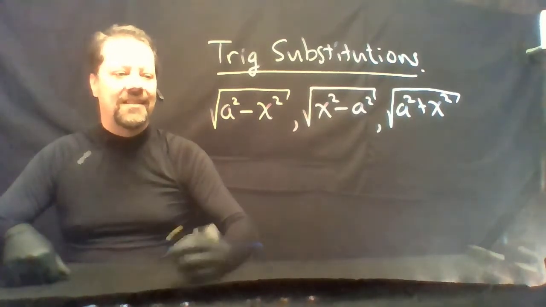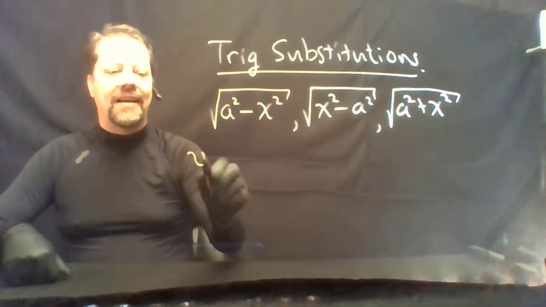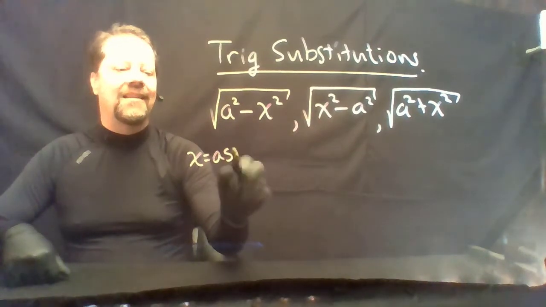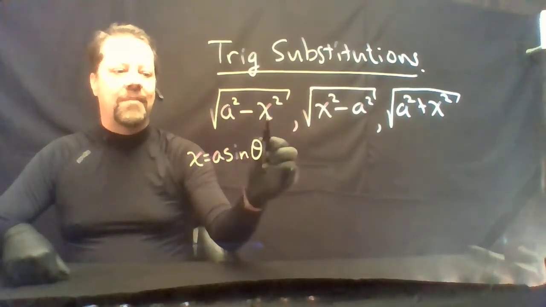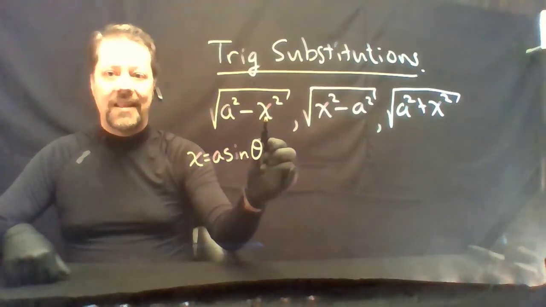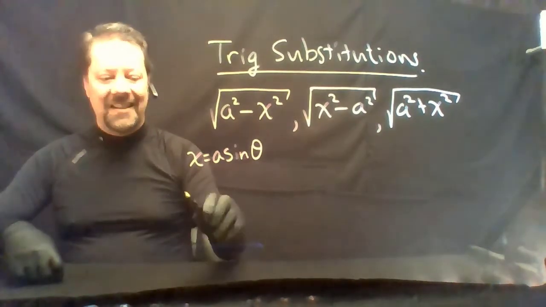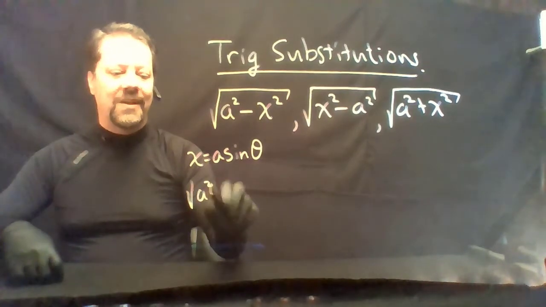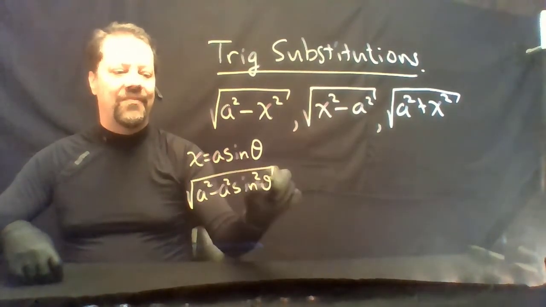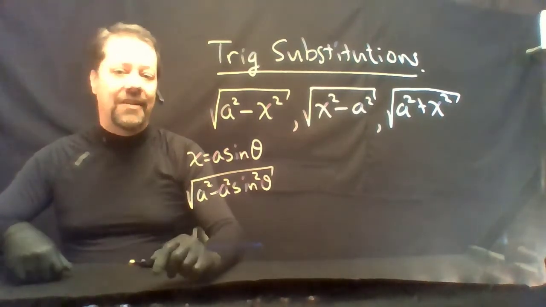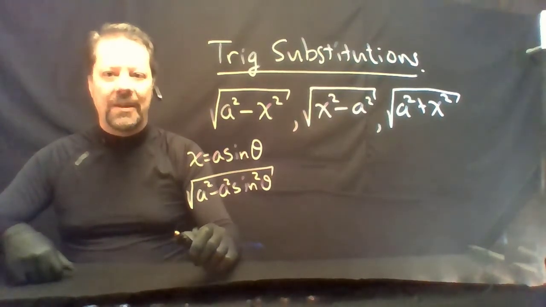Here's how this works. In the first case, x is going to be a sine theta. You'll have a squared minus a squared sine theta. Plugging this in, you'll have the square root of a squared minus a squared sine squared theta. The a squared can be factored out of the square root. Normally we put an absolute value.